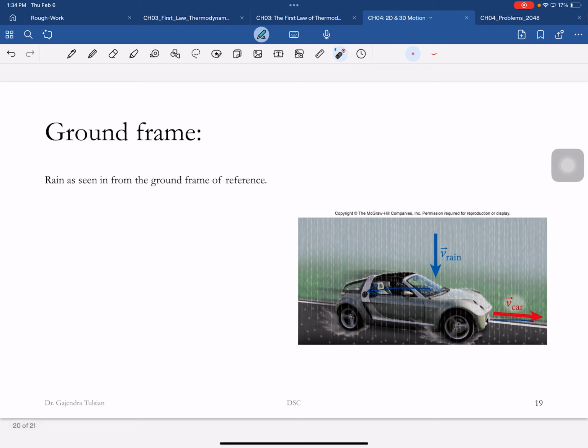So for instance, let's say it's raining straight down. When you're standing on the ground, that's what it appears. If it's raining straight down, how will the rain appear to you driving in a car? It would be the negative velocity of the car. Let's see.